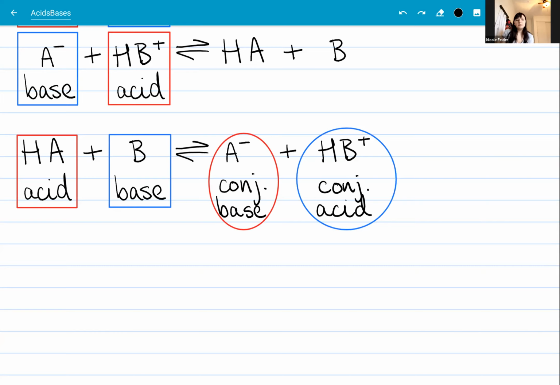Most of the time, we'll be looking at Arrhenius acids and bases, which are Bronsted acids and bases, just in water. Water is pretty cool for many reasons, and acid-base chemistry is no exception. Water, H2O, can act as both an acid and as a base.